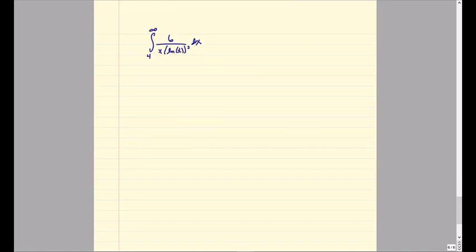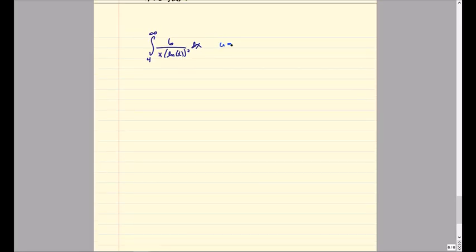So let's go ahead and write that out. U is natural log of x, du is 1 over x dx. I'm left over with the 6, so I'll have 6 out front. And then this 1 over x dx is my du. In the denominator, natural log of x is my u, so that would be u squared. When I rewrite this, it'd be 6 integral u to the negative 2 du.